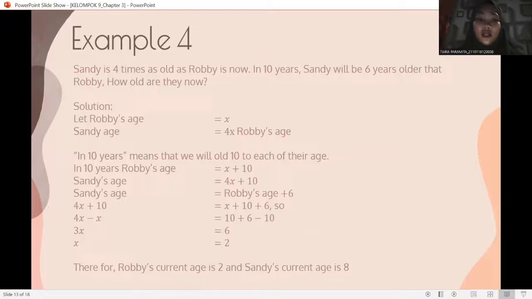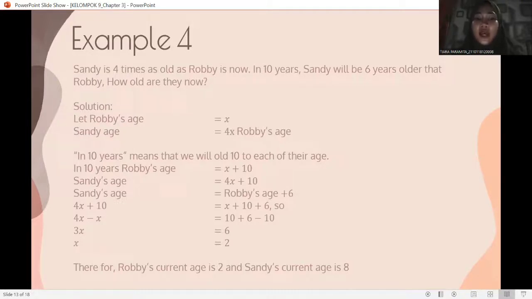The solution: let Robbie's age be x. Sandy's age is 4x, 4 times Robbie's age. In 10 years, we add 10 to each of their ages. In 10 years, Robbie's age equals x plus 10. Sandy's age equals 4x plus 10.